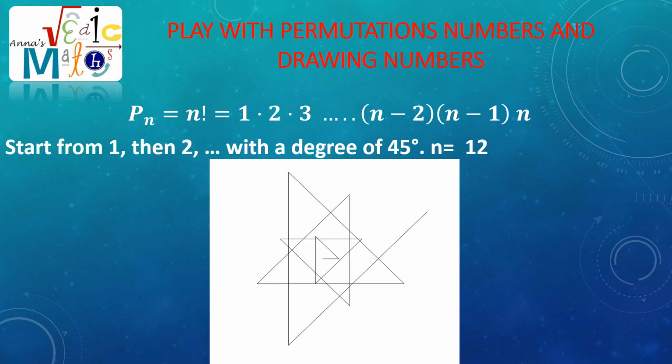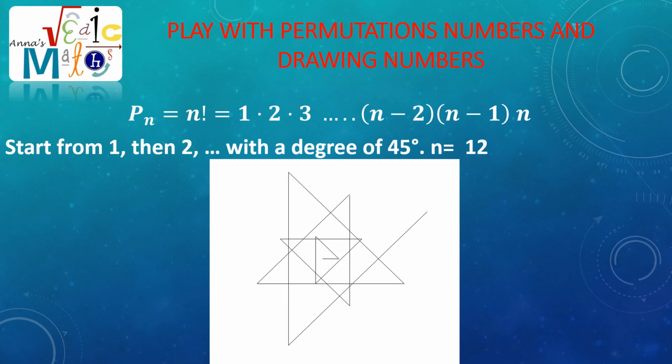So we have n factorial equal to 1 multiplied by 2 multiplied by 3 until n minus 2 multiplied by n minus 1 multiplied by n. Now we choose n equal 12 and 45 degrees.